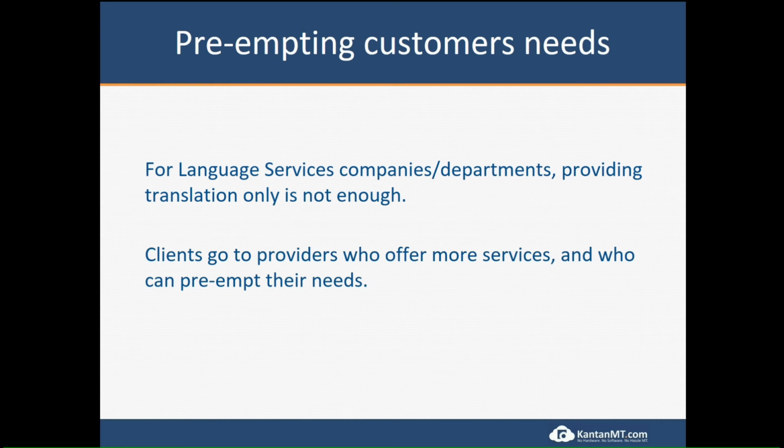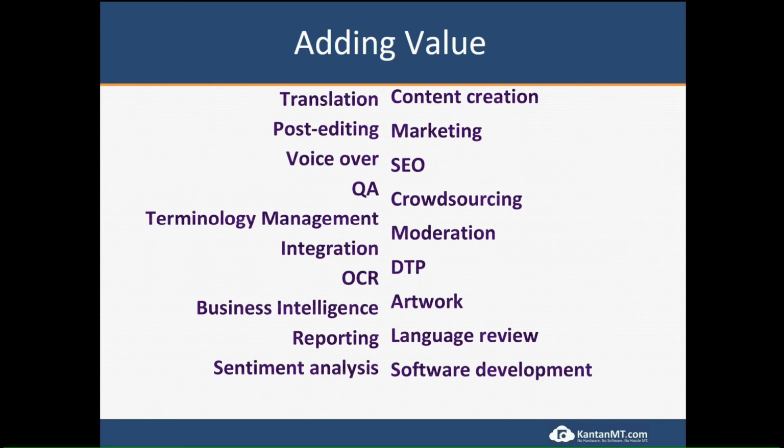One of the things we are all very well used to in the industry is preempting customer needs. For language services companies or departments in big IT companies, providing translations is not enough. It hasn't been enough for many years.